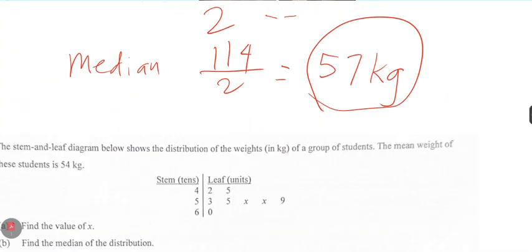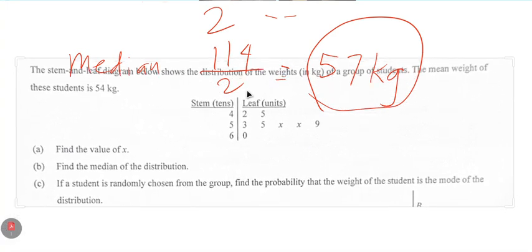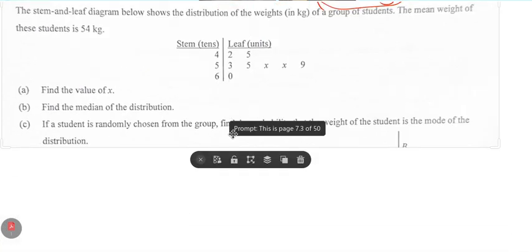Now, for the last one, part C, it says that if a student is randomly chosen from the group, find the probability that the weight of the student is the mode of the distribution. Let's find the mode.